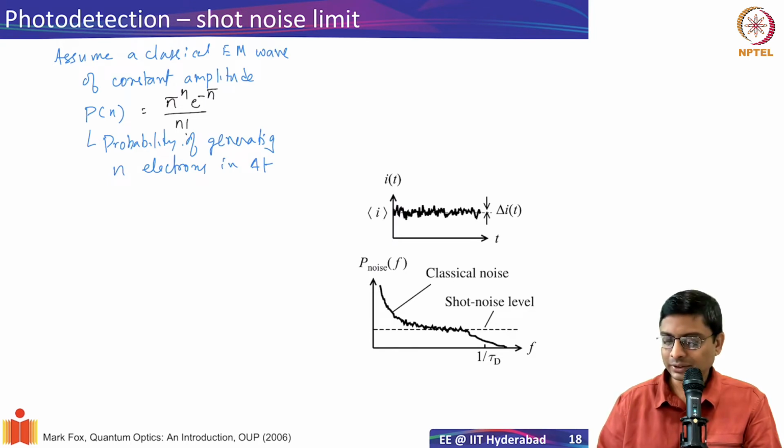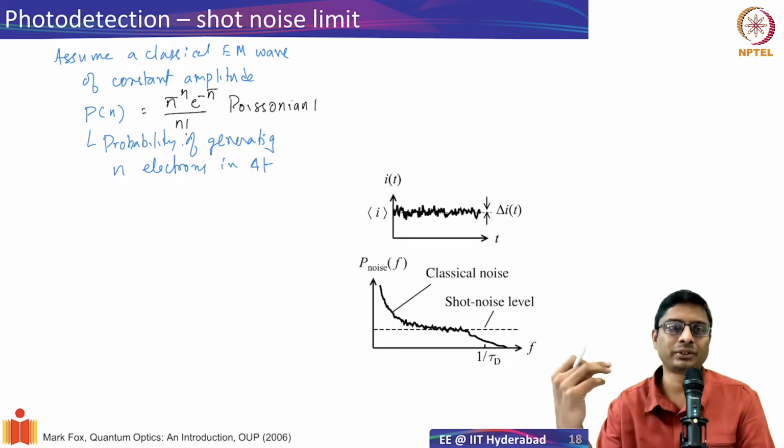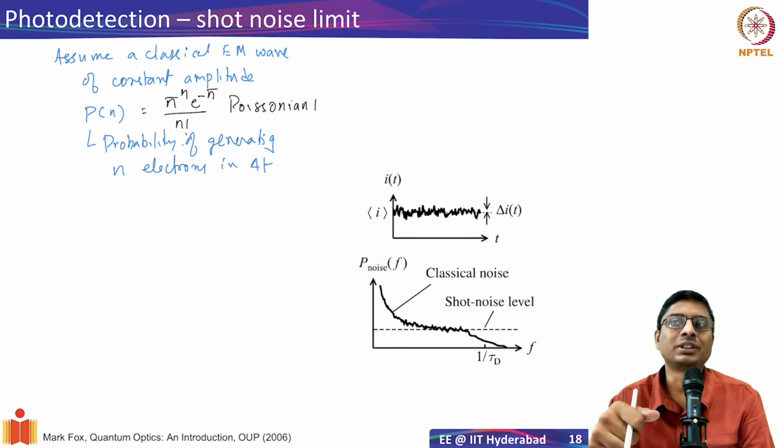So the photodetection process itself exhibits Poissonian statistics. Okay. This is Poissonian, right? So what we can conclude from here is, if you are observing Poissonian statistics in the detector, it does not mean that your source is quantum.